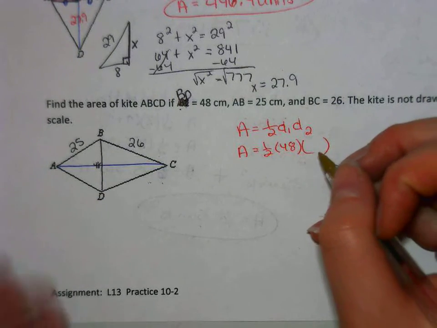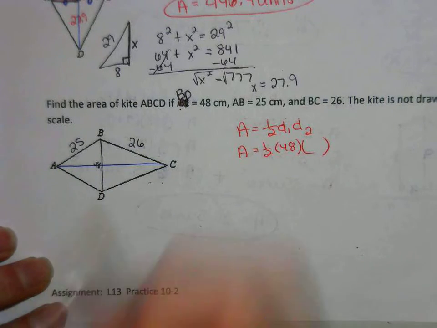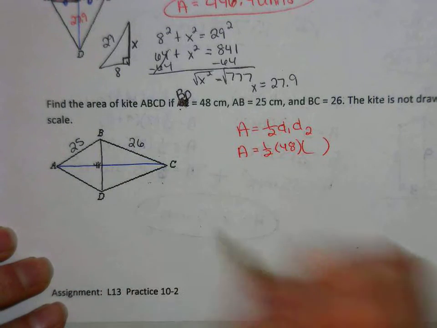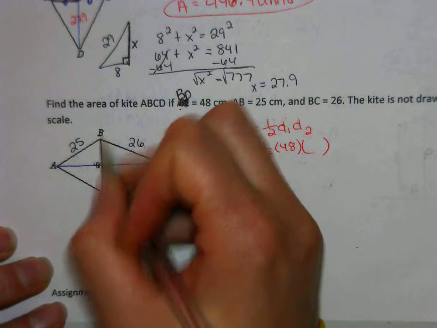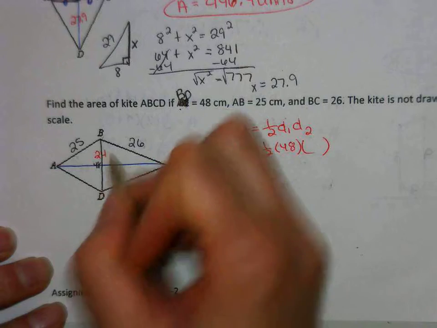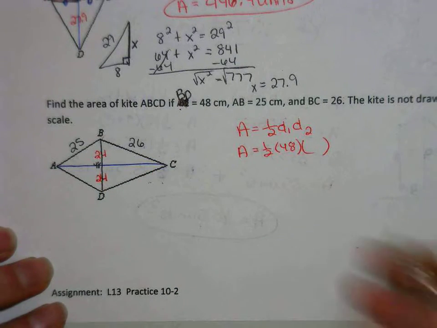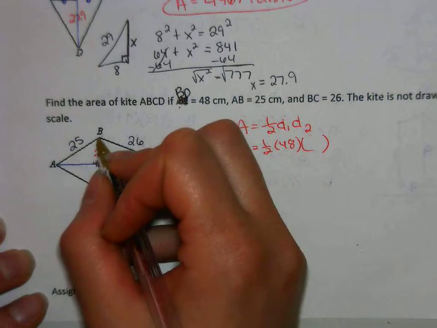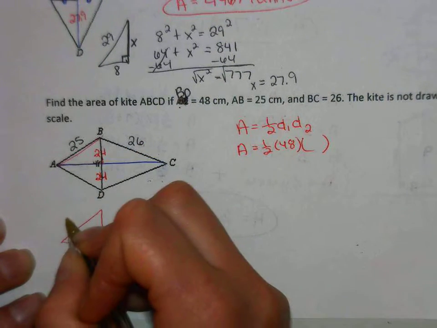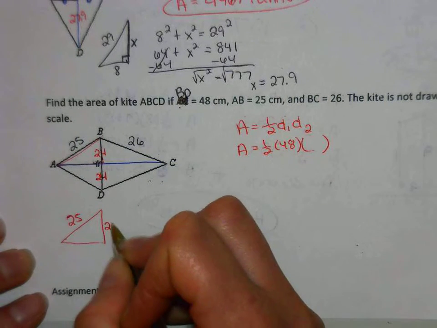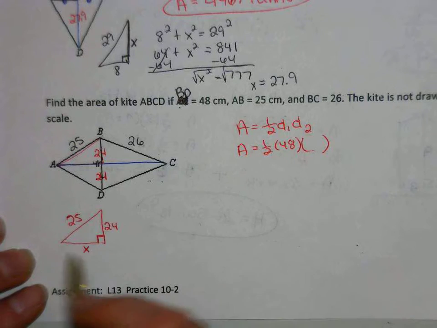If we take a look, remember in a kite, our diagonals bisect one of them, and that one is this 48. So if the whole thing is 48, that means this chunk is being cut in half. So we have two segments that are 24. If we pull out this triangle, we end up with the 25, 24, and our right angle is here. So we're missing this side length.